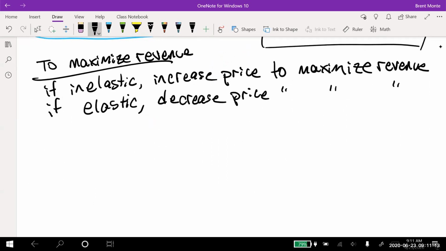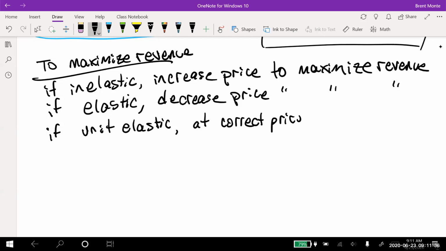And then lastly, if unit elastic, then we're already at the price that gives us maximum revenue. So if unit elastic, we're at the correct price to maximize revenue.